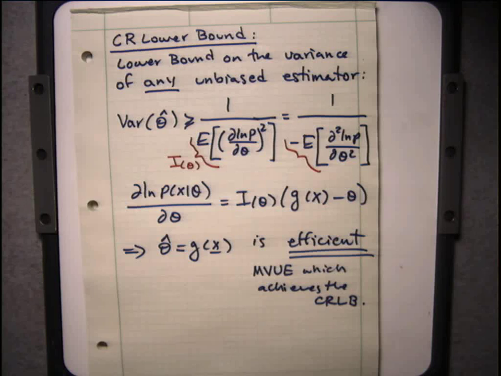You can call that the minimum variance unbiased estimate. But that may not actually achieve the lower bound, in which case it is not an efficient estimator. So efficiency is a very, very strong condition.